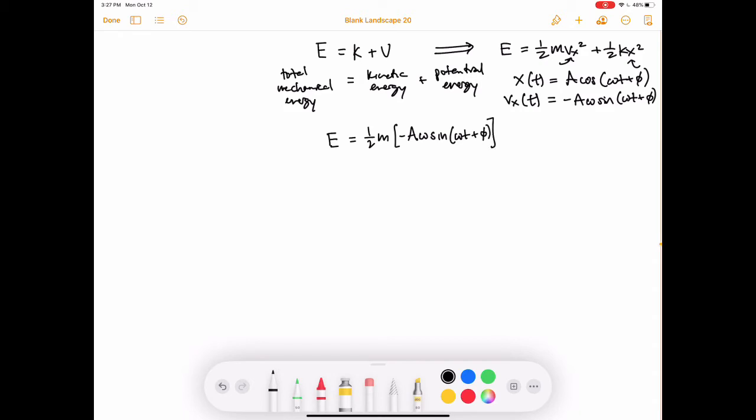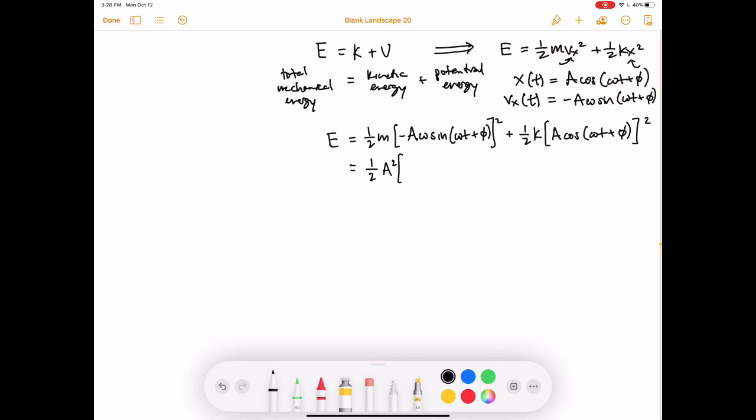And we're squaring that. And then I add 1/2 times k. X is given by a cosine of omega t plus phi, and we're squaring that. Okay, so there's a common factor of a squared in both of those terms, so I'm going to pull that out.